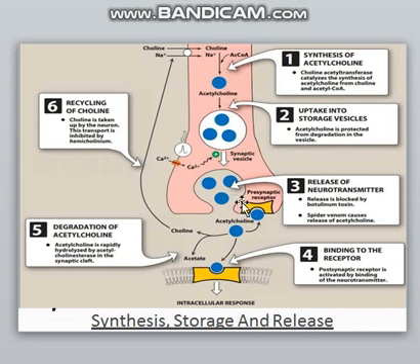The released acetylcholine will then act on muscarinic or nicotinic receptors for the further action. As we know, a neurotransmitter's action should be brief or the receptor gets desensitized. That's why we have an enzyme called acetylcholinesterase, which degrades acetylcholine into choline and acetate.